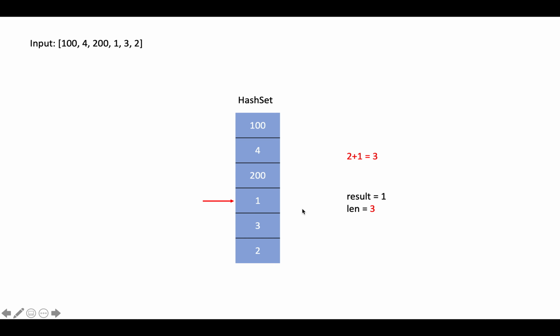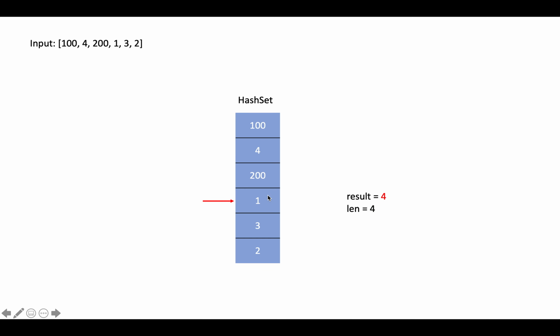What about the next element 4? Yes, 4 is in this set, so we update our length to 4. Is 5 in this set? The answer is no. So we stop this loop, and we update our result to 4.